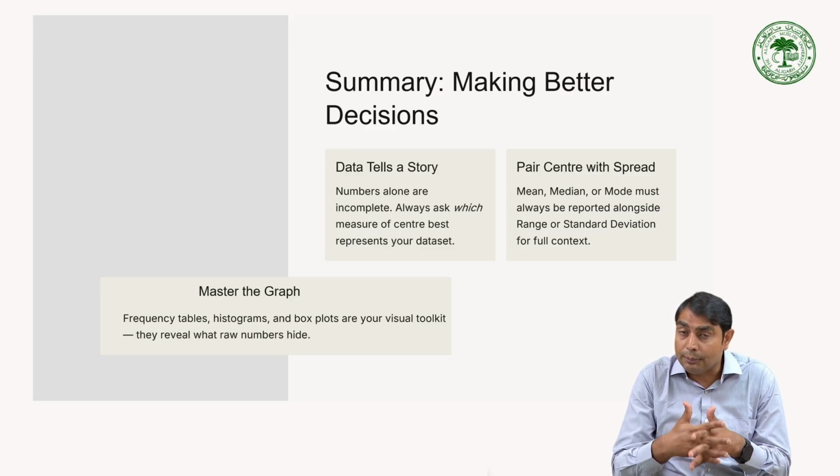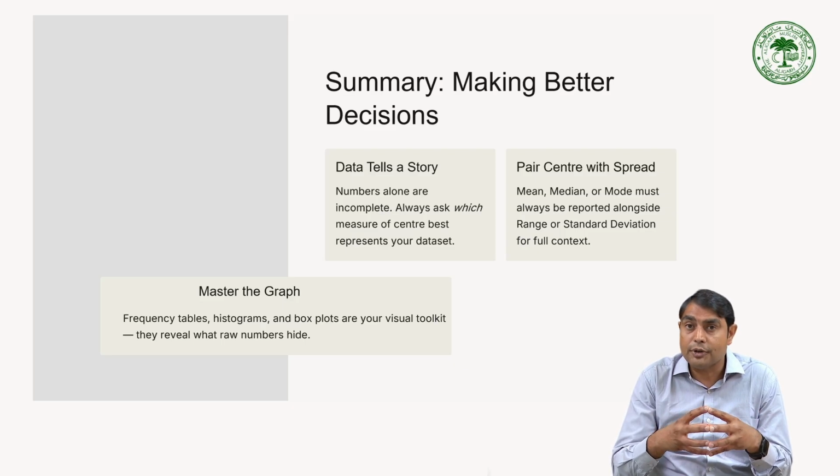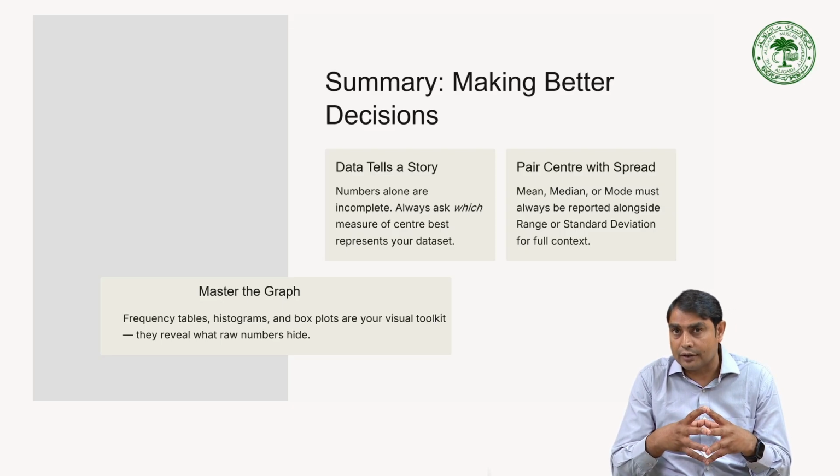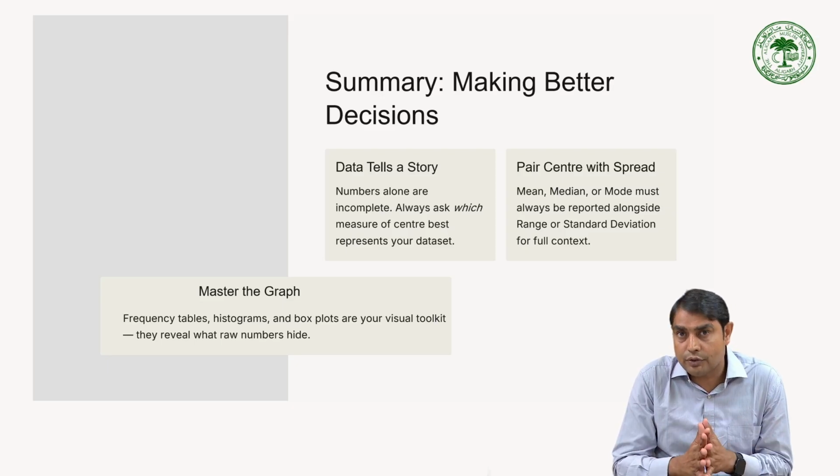It will give you a complete context, and you can obtain a better result if you merge both the measures of descriptive statistics together. This will also give you an idea about the type of distribution you are having, and accordingly you can take the decision.